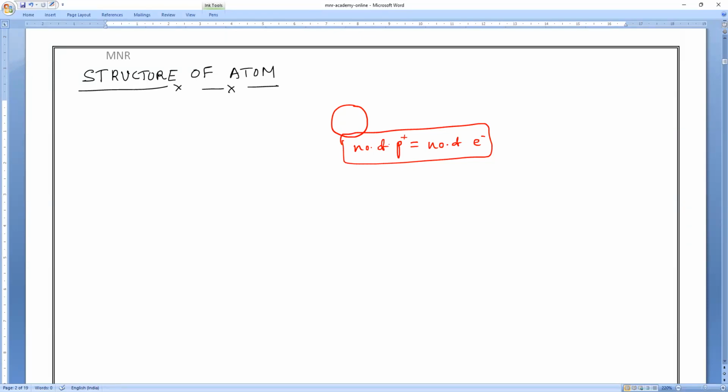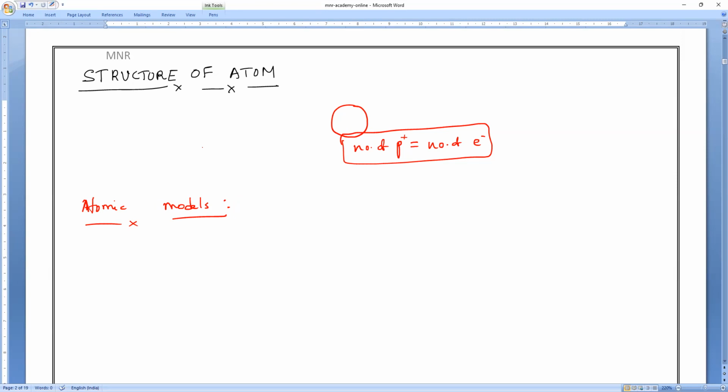The model describing the arrangement of different subatomic particles in an atom is what we call an atomic model. So before studying the models of atom, let us study the definition of atomic model. Write it, everybody. What is an atomic model?